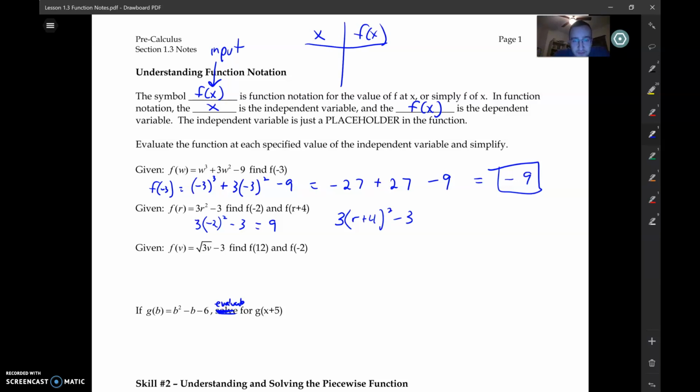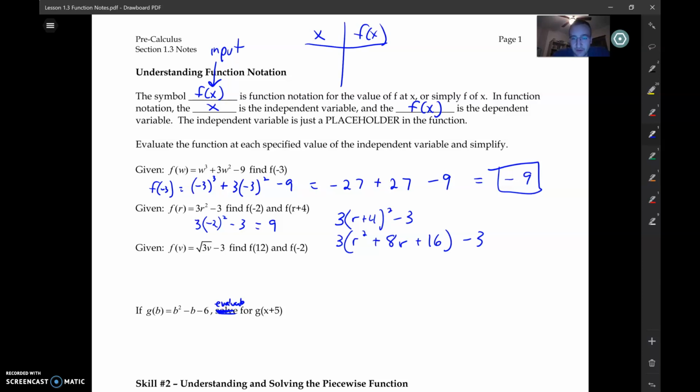So then you're like, oh, Smith, that's a lot of algebra. Sure it is, but we need to get fast at doing this. r plus 4 squared is r plus 4 times r plus 4, remember? So that's r squared plus 4r plus 4r, 8r, plus 16, minus 3. I want you to get faster at your multiplication and your expanding and your foiling, okay?